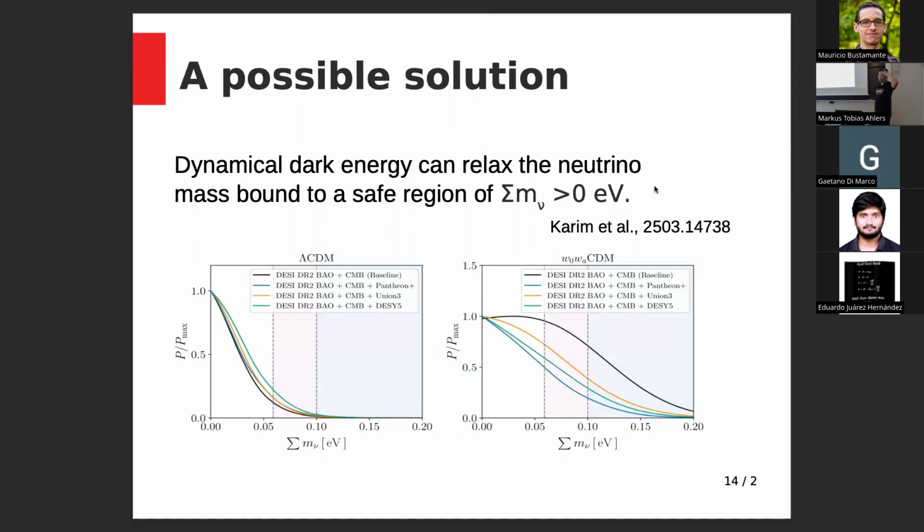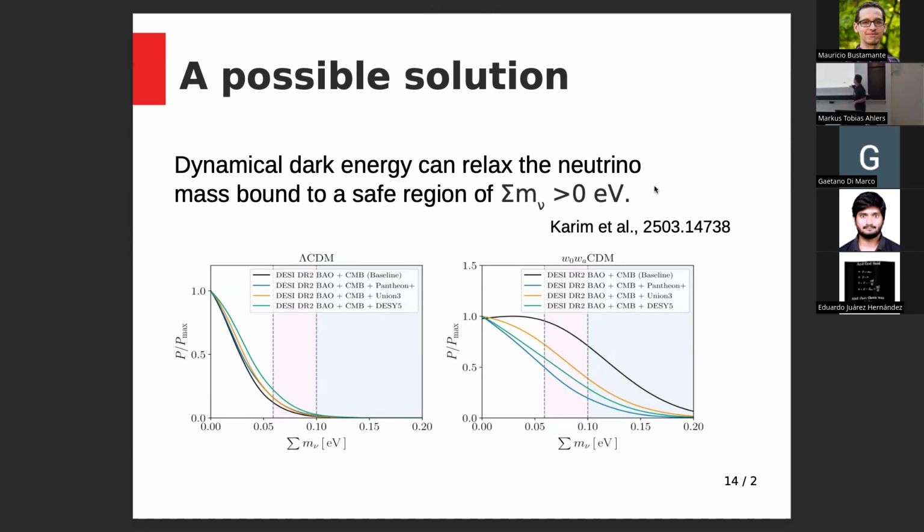A possible solution proposed by this collaboration is dynamical dark energy, which can relax the neutrino mass bound to a safe region. The left-hand side is lambda-CDM, where the bound is very tight.